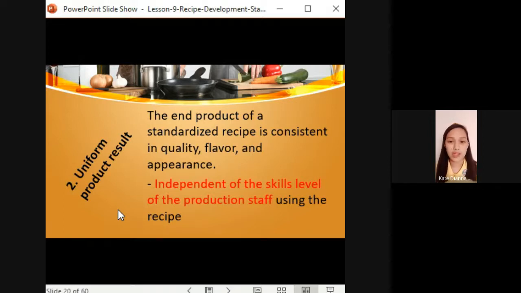For example, the chicken fillet of McDo. If you notice, it has only one taste. It is an example of a standardized recipe since its size, quality, flavor, and appearance in color are uniform.